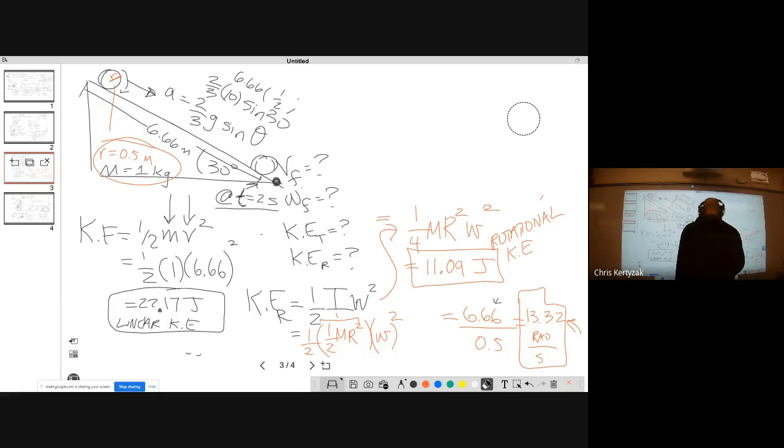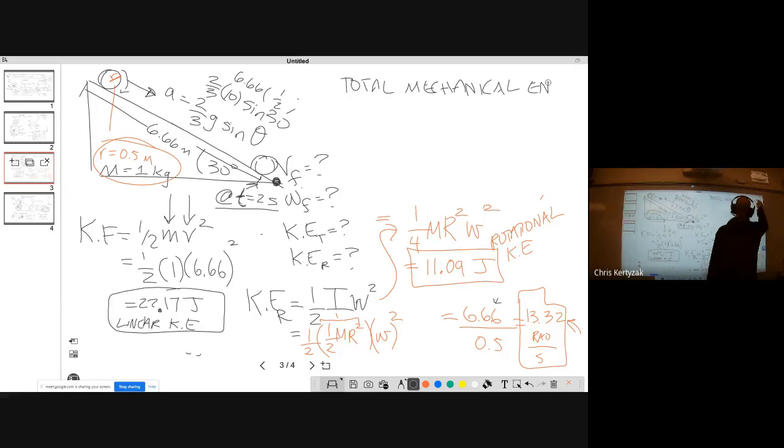So now let's start talking about the total mechanical energy. It's all part of the lesson. Total mechanical energy of the Earth disk system. Apparently, at the top of the ramp, if they say, what is the total mechanical energy of the disk?